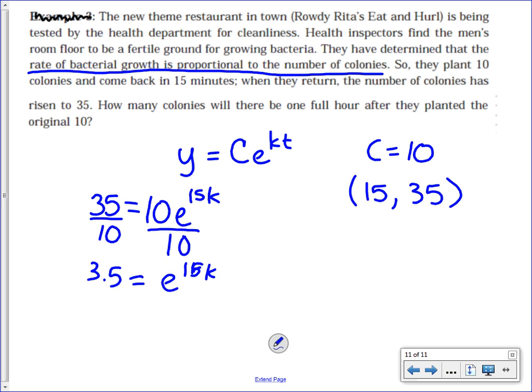We're solving an exponential equation, so we're going to take the natural log of each side. Those will cancel out. And then we're going to divide by 15. And then if you plug this in the calculator, k is approximately 0.08352.